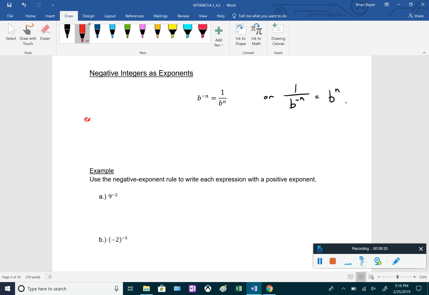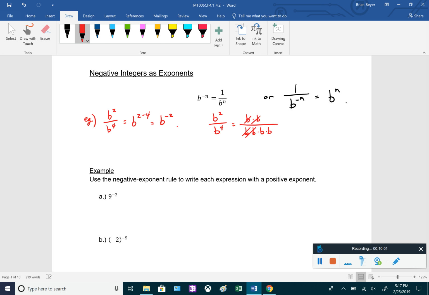So getting an idea of why this is, let's say we had b squared over b to the 4th. Based on the quotient rule, we would subtract, that's b to the 2 minus 4, which is b to the negative 2. Or if we start with that again and do it a different way, that would be b times b in the numerator over b times b times b times b in the denominator.